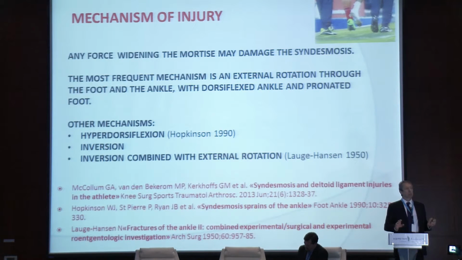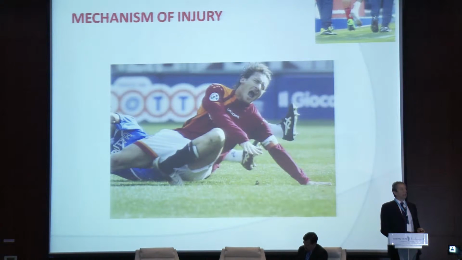It's any force that tends to widen the mortise, and usually an external rotation. In some classifications, these are the fourth type injuries. But also with hyperdorsiflexion, you can injure the syndesmosis.